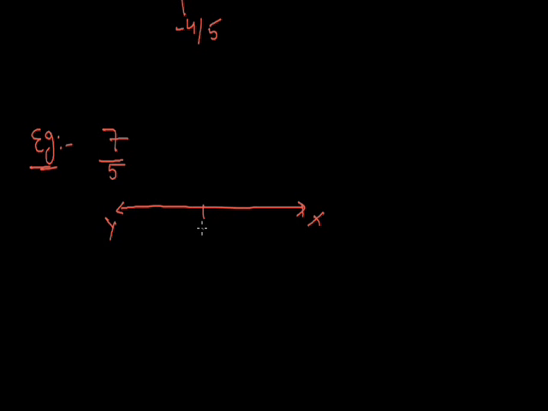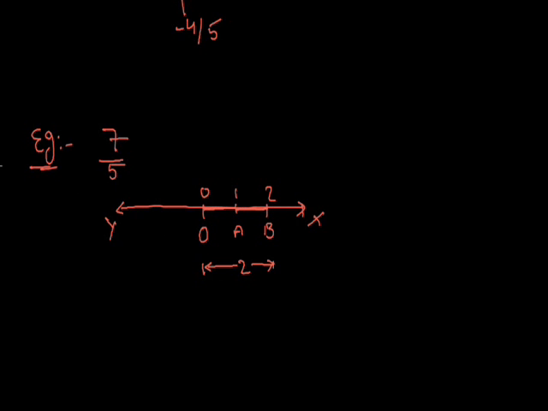Here we take one point O which represents 0, A represents 1 and B represents 2. The distance between O and A is 1 unit, A to B is also 1 unit, and the distance between O and B is 2 units.